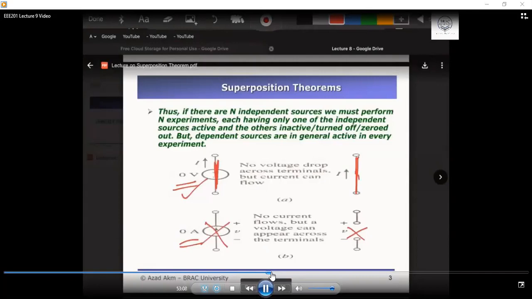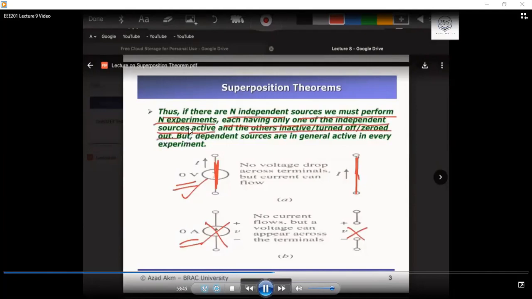Now, one of your friends was asking me one question, about independent sources and a dependent source. This is the answer to that question. Go through this statement, then you can understand. Thus, if there are n independent sources, we must perform n experiments, each having only one of the independent sources active at a time, and all others deactivated or zeroed.